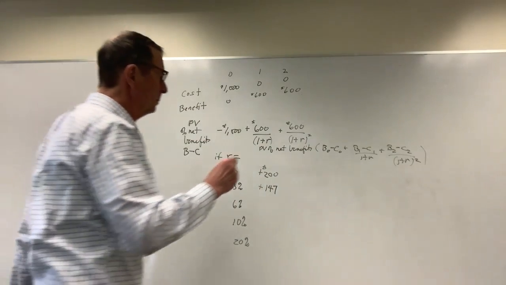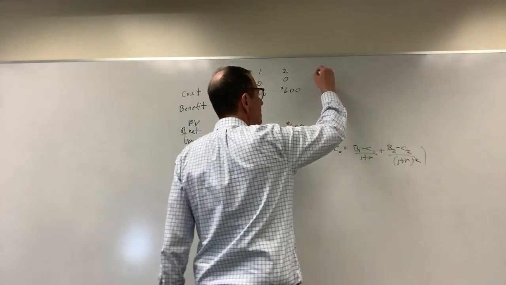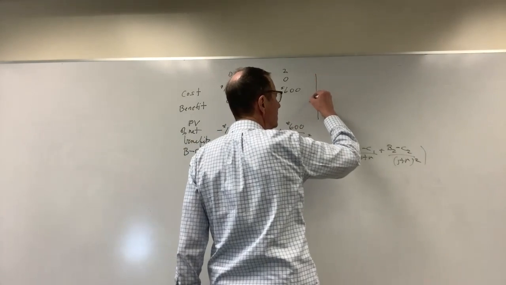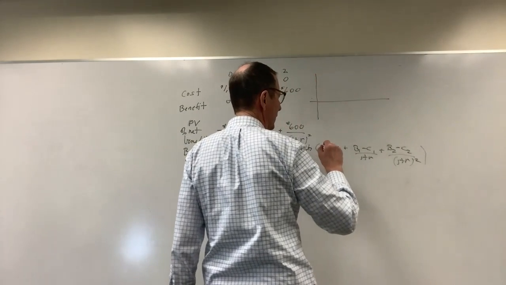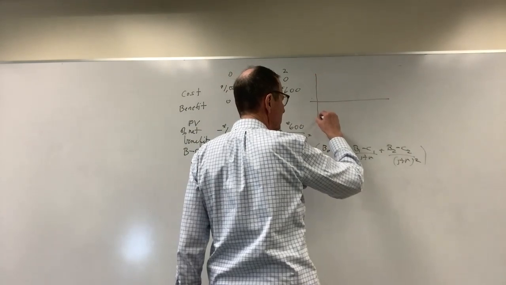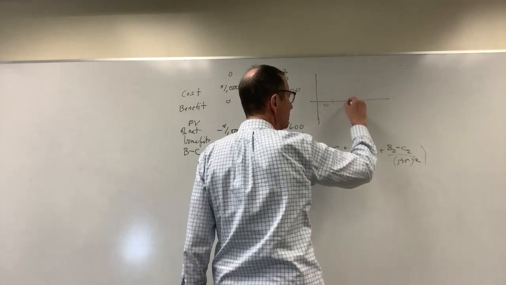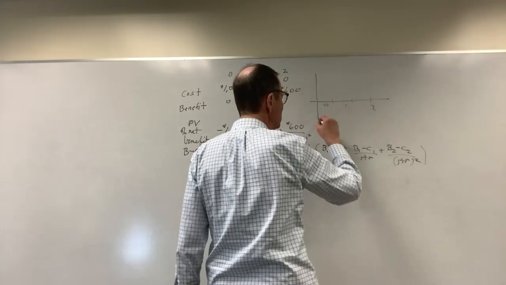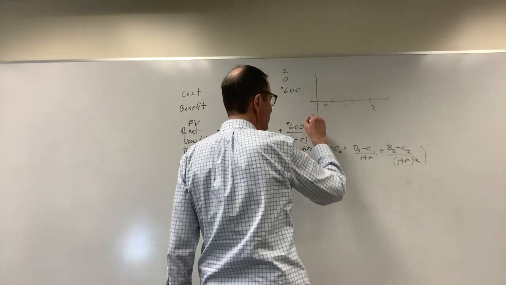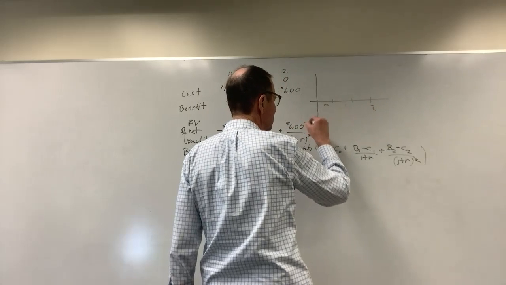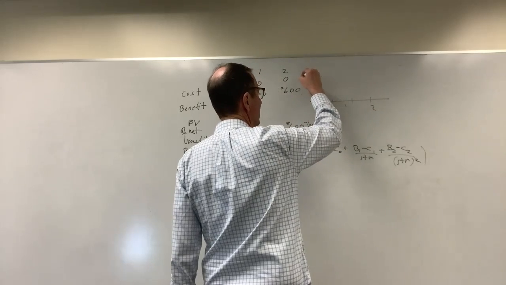So you can think about this in a graphical kind of way. We've got period 0, period 1, period 2, minus 1,000, plus 1,000.